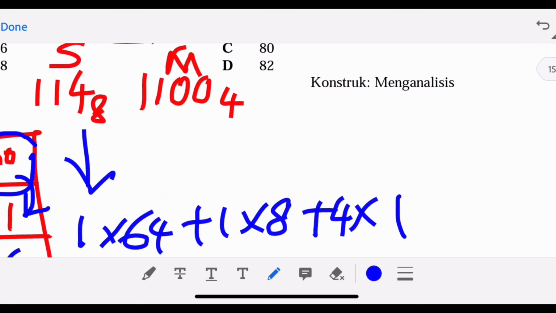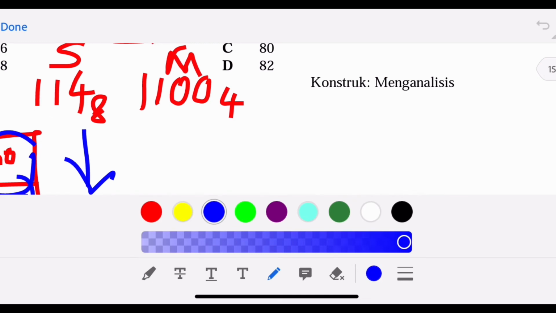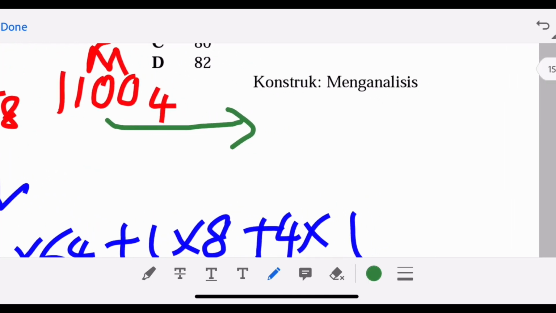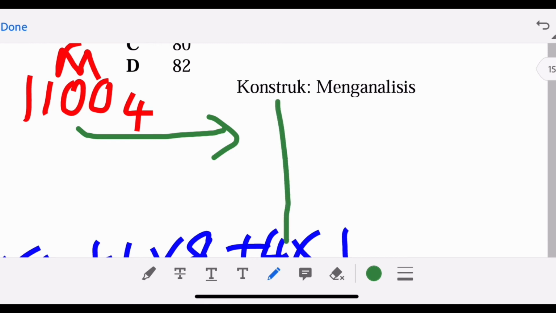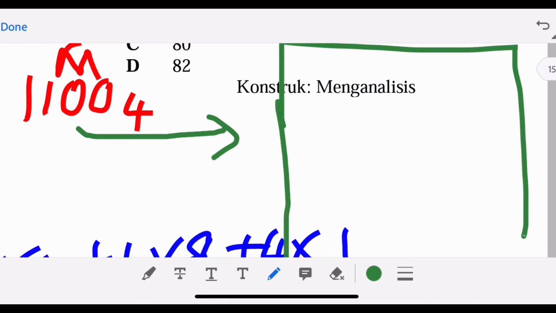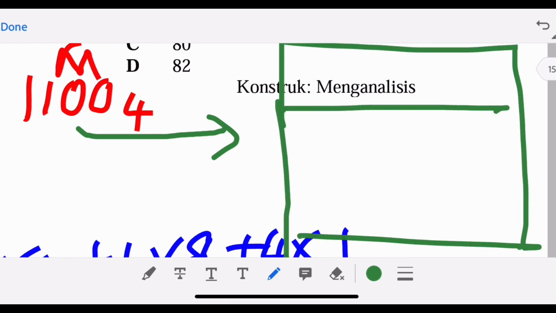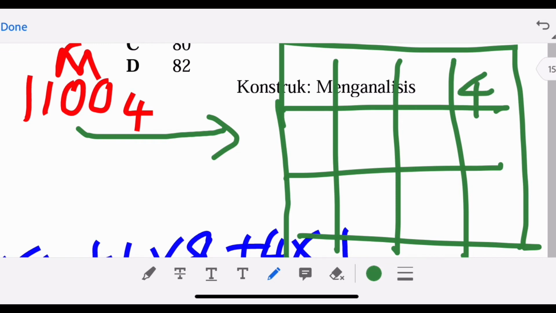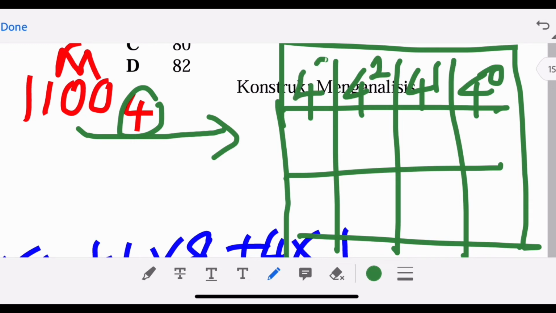Now we need to find another one, because when you want to find average, right? Average meaning that you have to divide by 2. So we do the table like this. I always do 3 rows. You have 4 digits, right? 4^0, 4^1. Why 4^1? Because the base is 4. 4^2, 4^3.